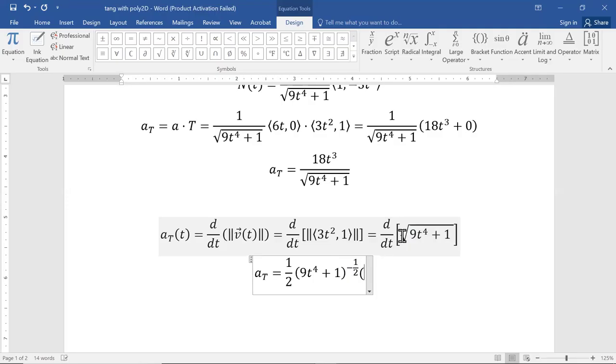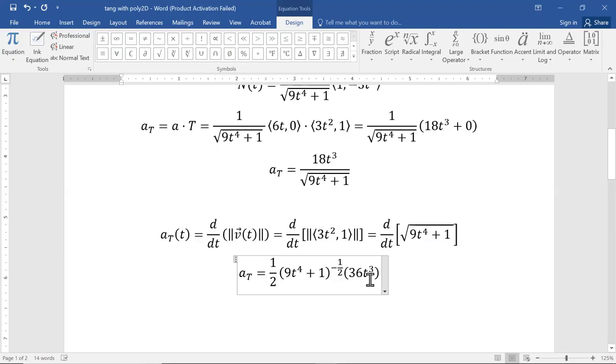The derivative of the inside function would be 36t to the third plus 0, or just 36t to the third. That's the derivative of 9t to the fourth. So 4 times 9, lower the exponent by 1. 36 times t to the third, I can multiply that by 1/2.